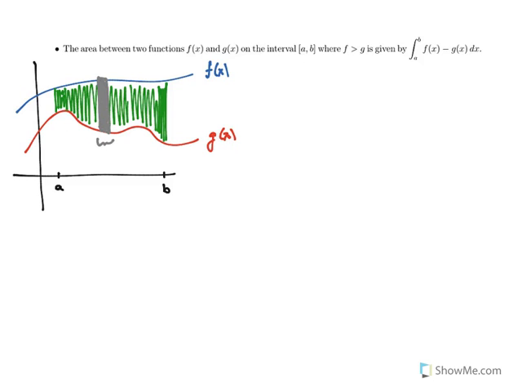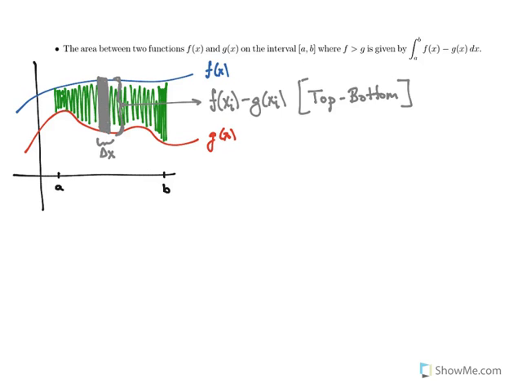The width of that rectangle is some delta x, and the height of that rectangle is f of x sub i minus g of x sub i, or we're going to think about this commonly as top minus bottom. Okay, we're going to take the value of the big function minus the value of the little function to get the length of that rectangle.